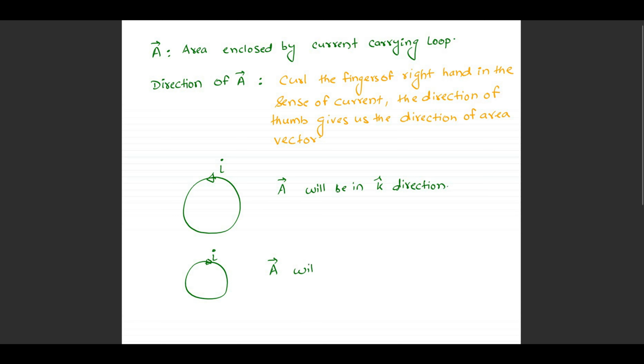So area vector will be in minus k cap direction. And if you know the direction of A vector, you know the direction of M vector, which is magnetic moment or magnetic dipole moment. Fine. You can note this down.